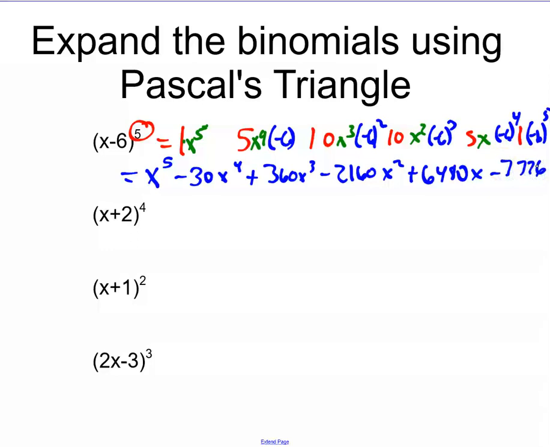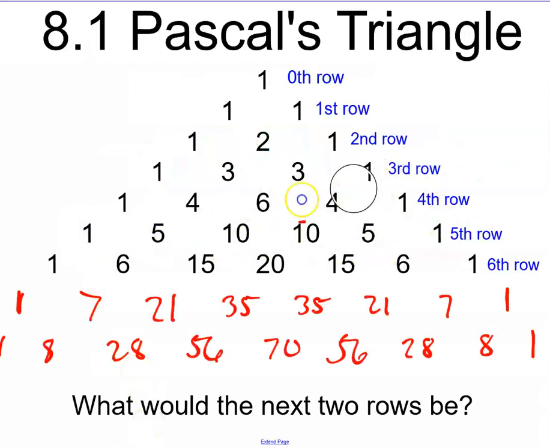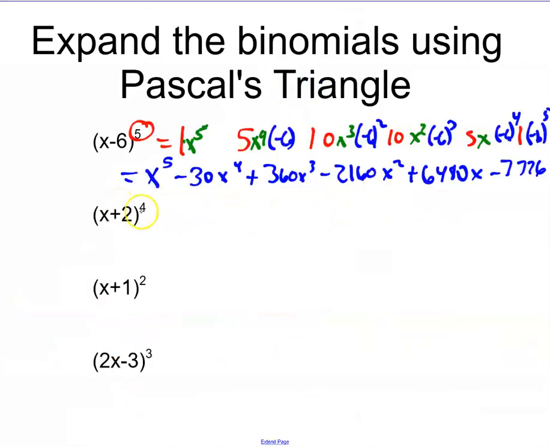All right, so we can do the same thing with this next one. I'm going to go back this time and find the 4th row. The 4th row, so it goes again 0, 1, 2, 3. The 4th row is right here: 1, 4, 6, 4, 1.